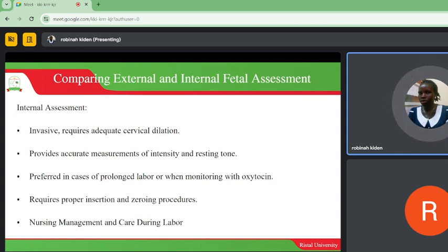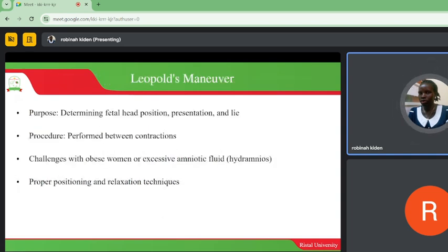It requires proper insertion and zeroing procedures. So this requires someone who has knowledge in this procedure so they can accurately insert the catheter into the right position. Nursing management and care during labor is also very important.